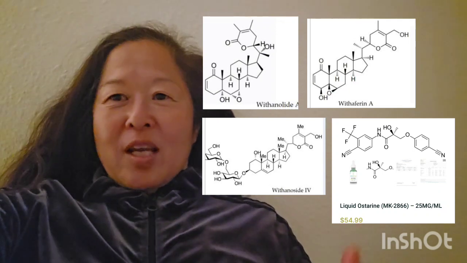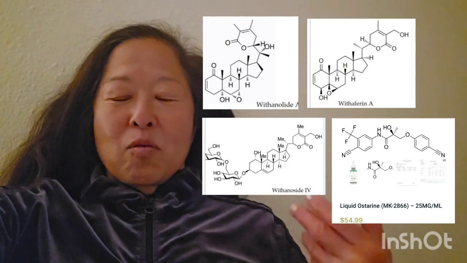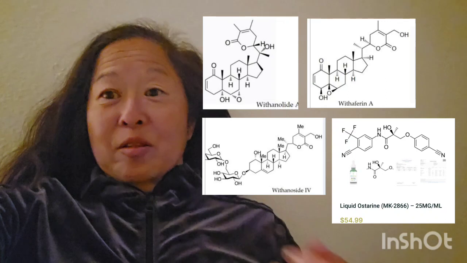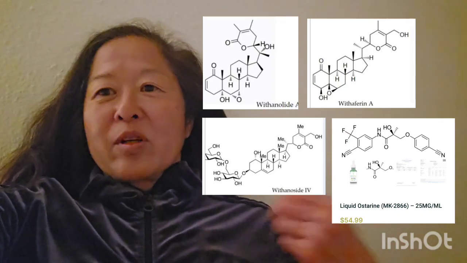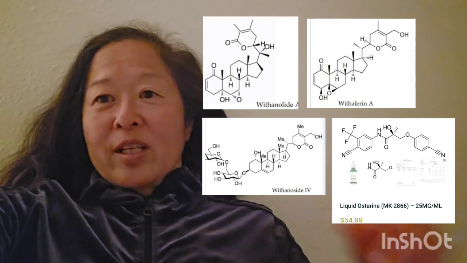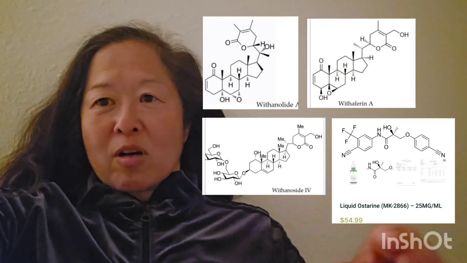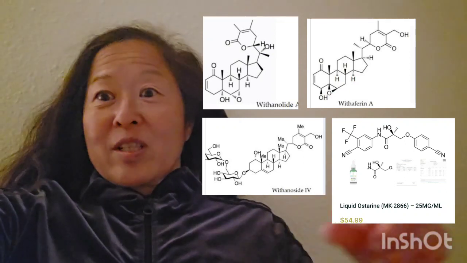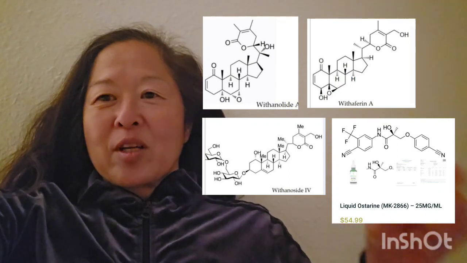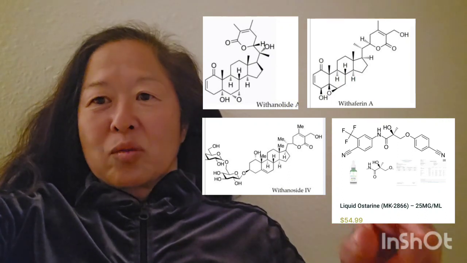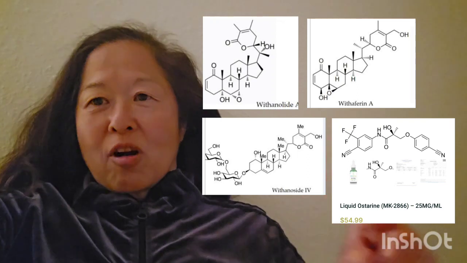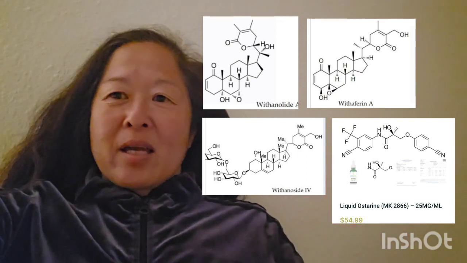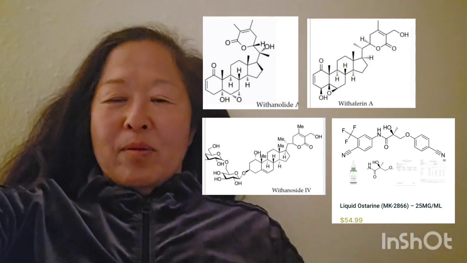Just as a convention in chemistry, we don't bother writing in the C's every time there's a carbon, because then the drawing just gets way too cluttered. We just understand that everywhere there's a bend between two lines, there's a carbon atom there. But everything else is represented.